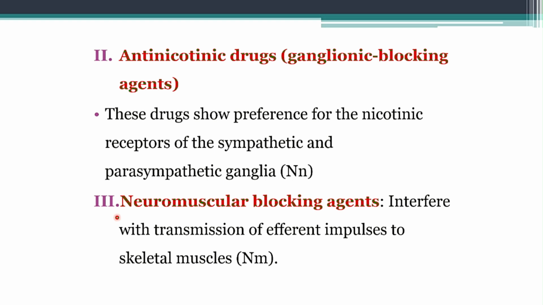The third, neuromuscular blocking agents, interfere with the transmission of efferent impulses to skeletal muscles, and they block the nicotinic receptors at these sites, which are denoted as N sub M.